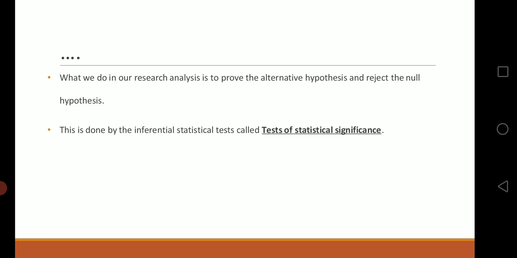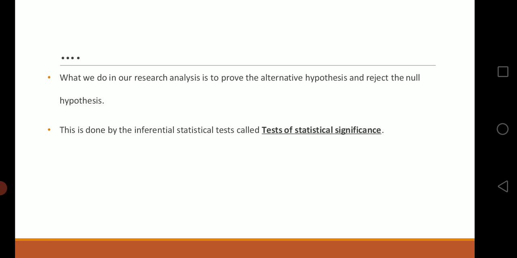This is done by the inferential statistical tests that we spoke about a moment ago. The tests done in the inferential statistics are called tests of statistical significance. These tests study the association and the difference between variables, and each test generates a p-value.